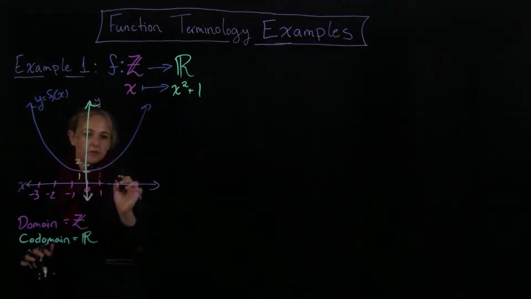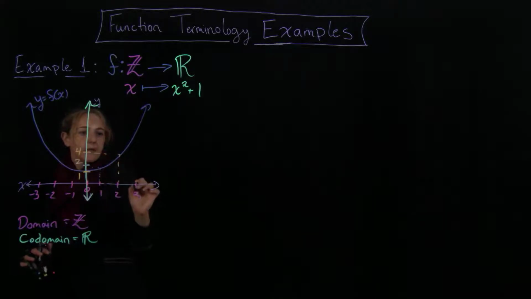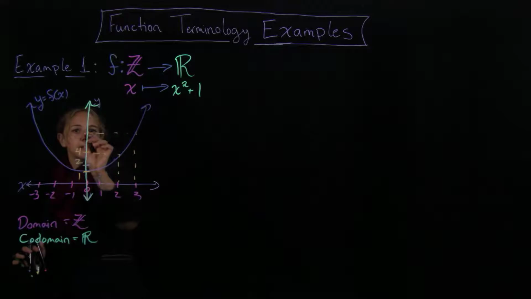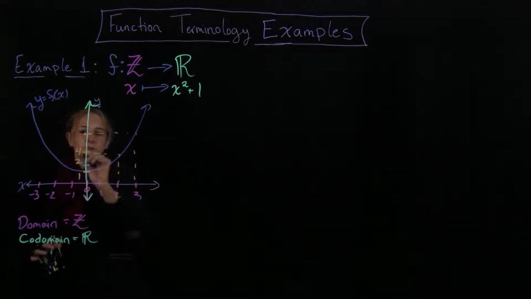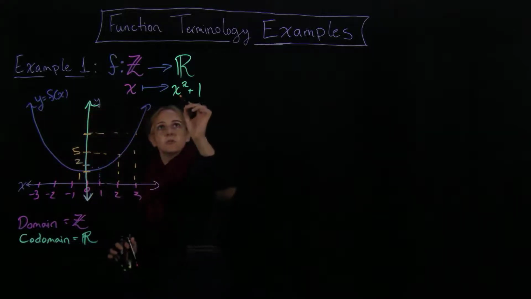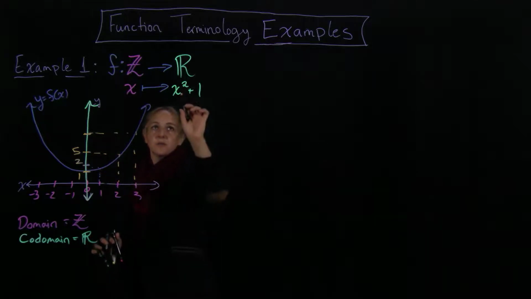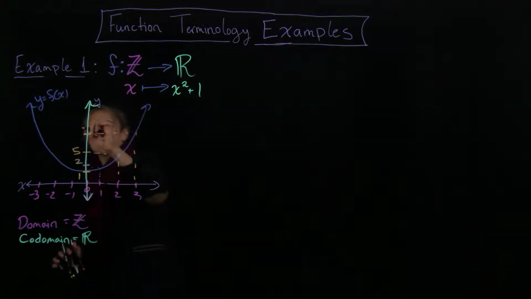If I put in 2, I square it and add 1, and I get out 5. Oops, this shouldn't be 4, this should be 5. If I put in 3, I square it, I get 9, I add 1, I get 10.